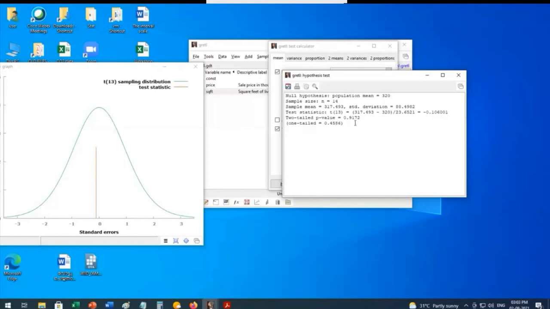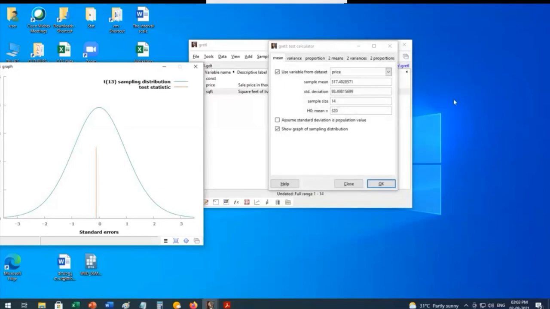Two-tailed it is 0.917. Both are greater than 5%, our significance level alpha of 5%. That means we cannot reject the null hypothesis. If the p-value is less than 5%, then we reject the null hypothesis. So this is how we do this.